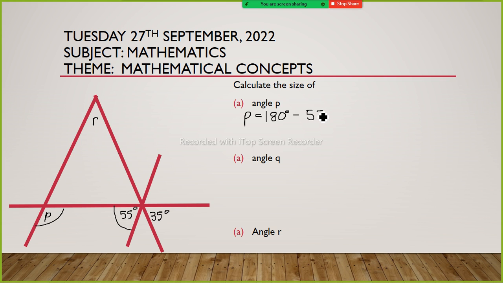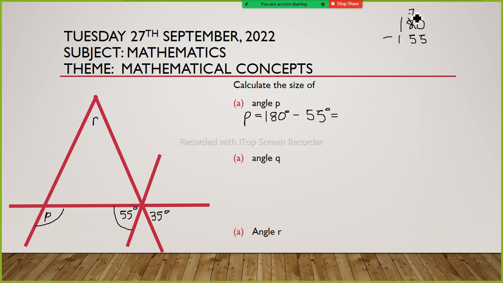What is 180 degrees minus 55? That's going to give us what? No one did it yet? 180 degrees minus 55. Let's do it. Say it again. 125.